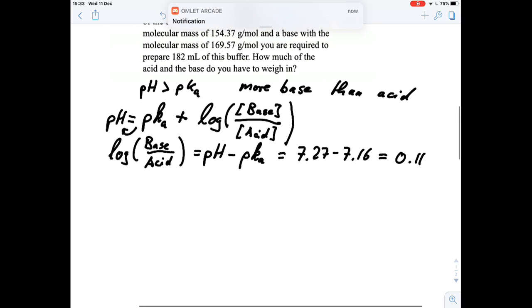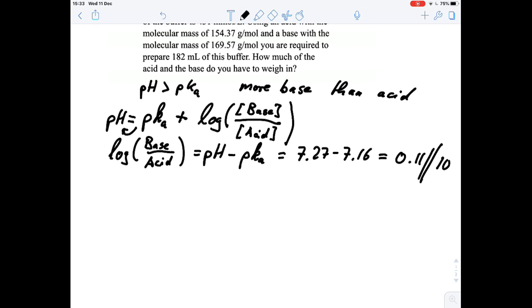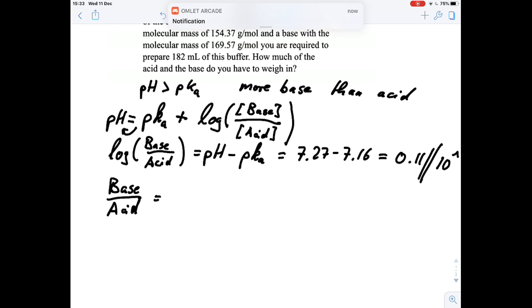Okay, so what we then just simply do is we take both sides to the power of 10 to get rid of the log, and we get the ratio of base over acid equals 10 to the power of 0.11.